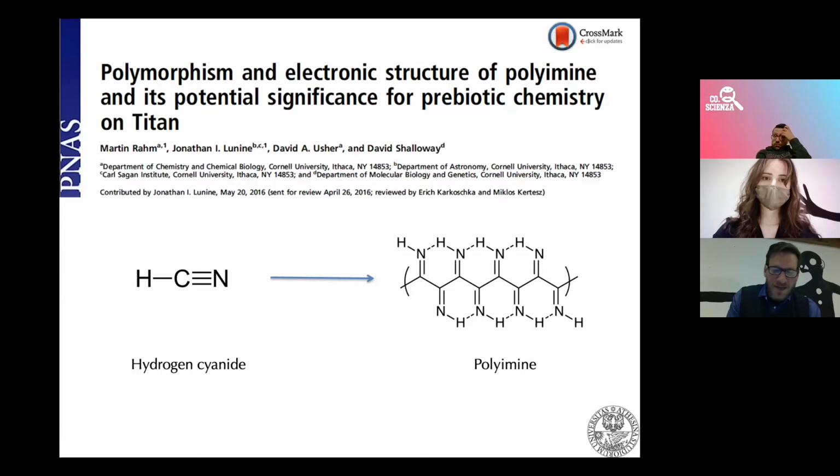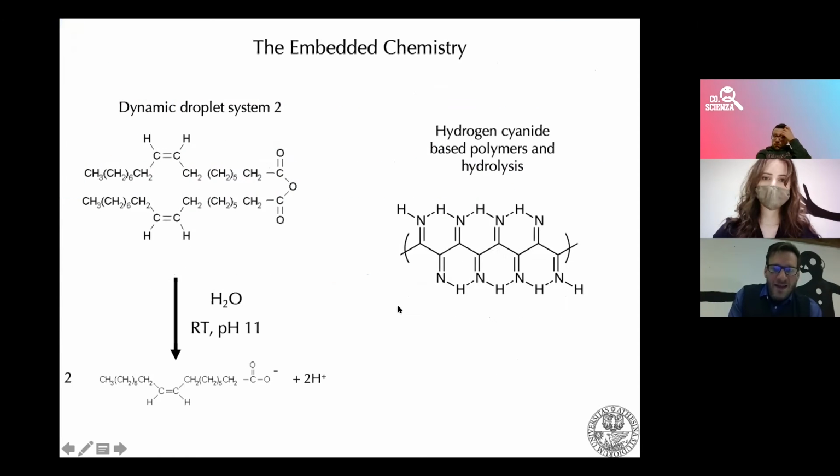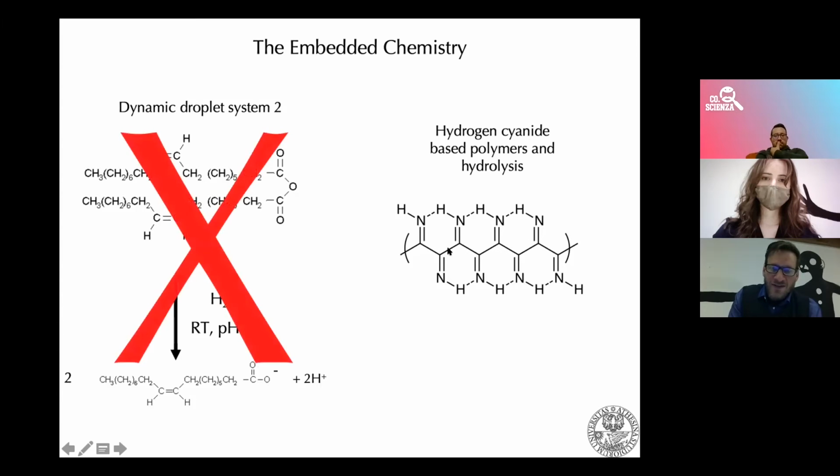So what that means is we took this hydrogen cyanide here, and instead of doing one of these self-moving droplet experiments with pure anhydride like I showed before, which is this pH sensor and all that stuff, take that out, and we do hydrogen cyanide polymers and throw that into our system as a potential source of fuel.